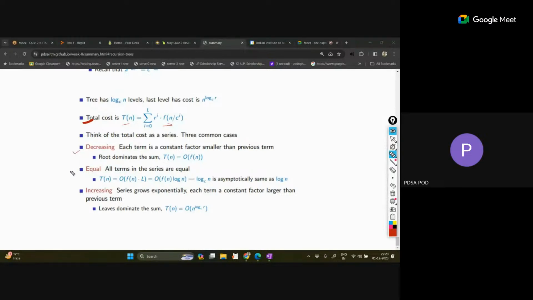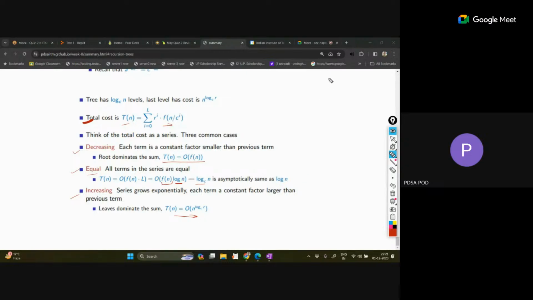You will always get one of these conditions. If it is decreasing, then we directly write the complexity as Tn equal to big O of fn. If it is increasing, then we will use this formula, fn into log n.